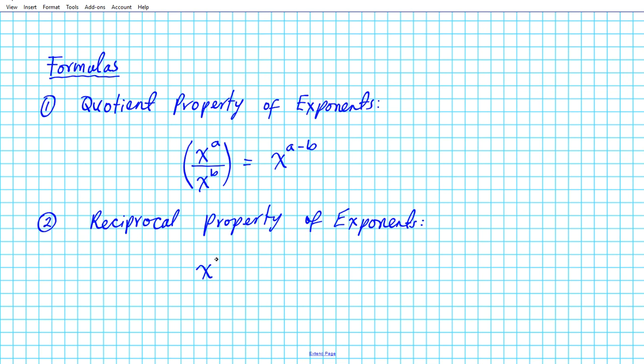So if you have x to the negative a, this negative indicates an operation, and that operation is reciprocation. If you reciprocate that term with a negative exponent, you end up with the opposite of the sign of the exponent. So this would be 1 over x to the a. Okay, so this is the reciprocal property of exponents.